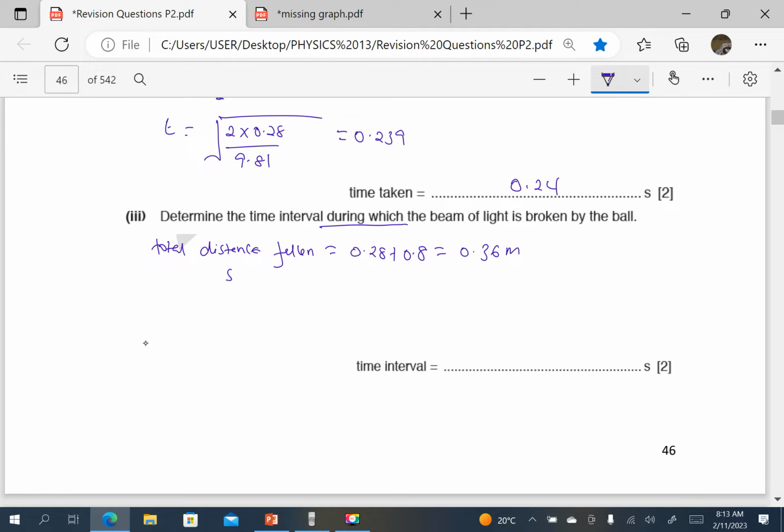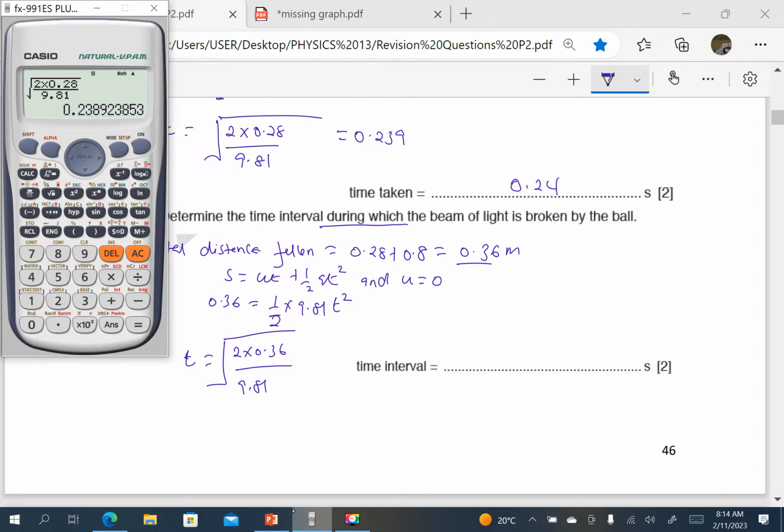Therefore, using again s equals ut plus a half at squared, we now want the time for this distance. So 0.36 is equal to a half times 9.81 times t squared, because remember it starts from rest and the initial velocity is 0. Again, t is the square root of 2 times 0.36 divided by 9.81.